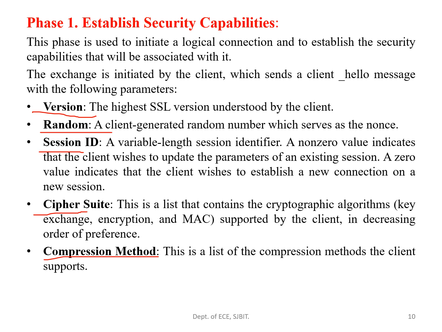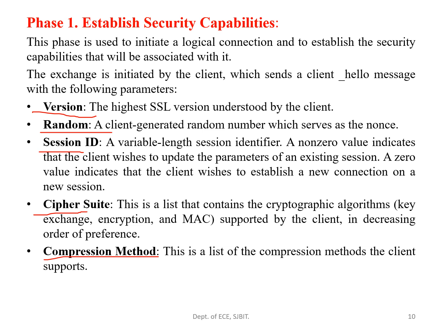A non-zero value indicates that the client wishes to update the parameters of an existing session. A zero value indicates that the client wishes to establish a new connection on a new session.